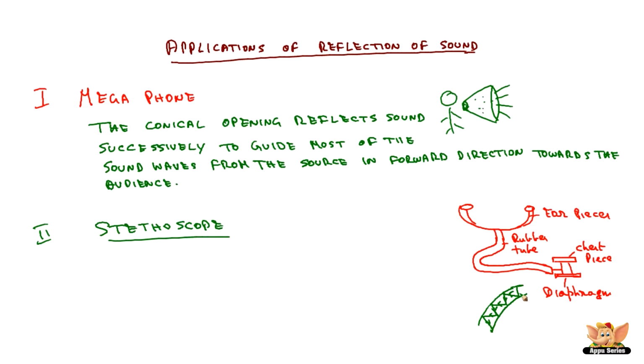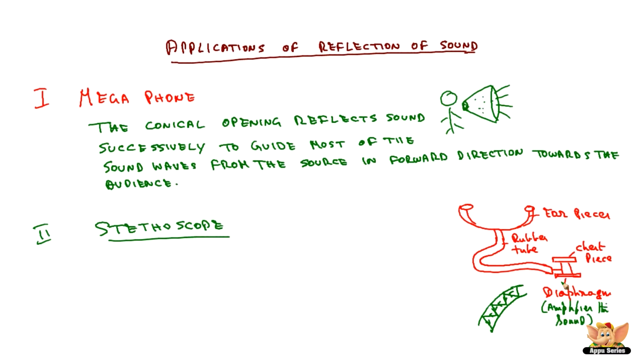How does the heartbeat travel? The multiple reflections of the sound take place in the rubber tube. When the chest piece is on the heart of the patient, the sound is sensed by it, and the diaphragm amplifies the sound. The diaphragm's basic job is amplifying the sound.